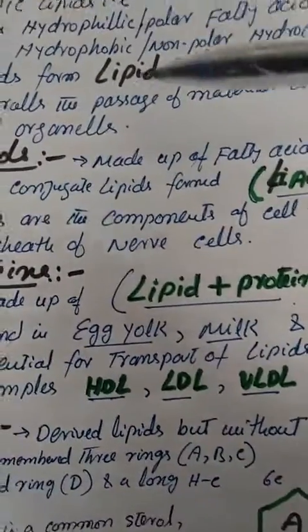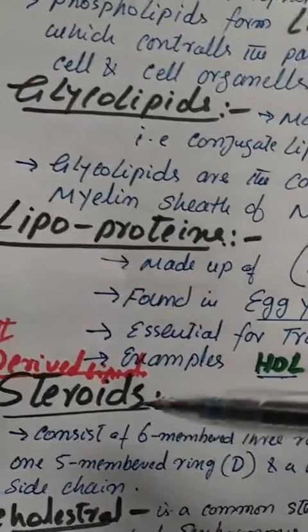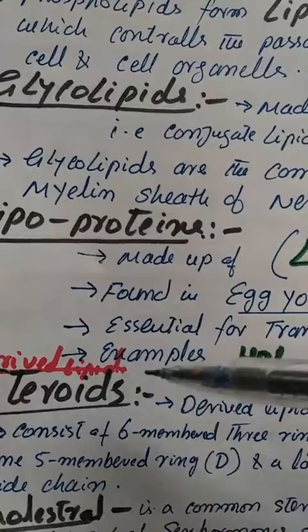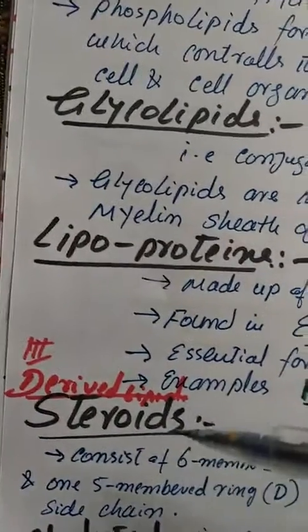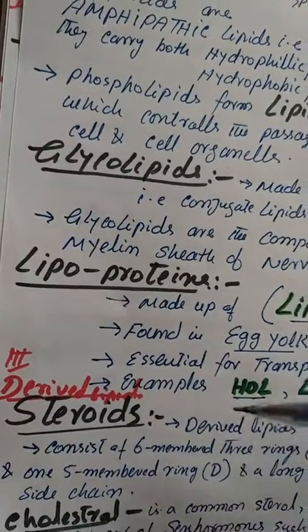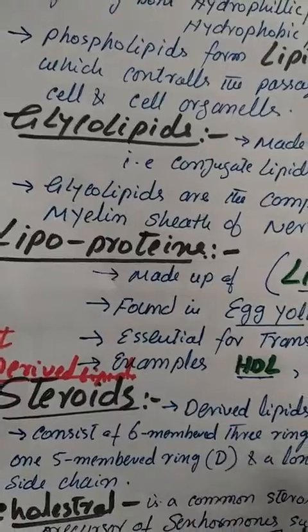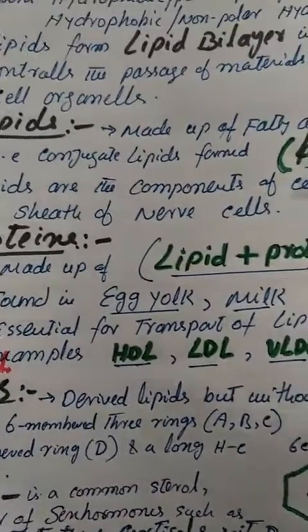Now the last type is what is called the derived lipids. The most important examples of derived lipids are steroids and cholesterol. Now these steroids are derived lipids but without the fatty acids.